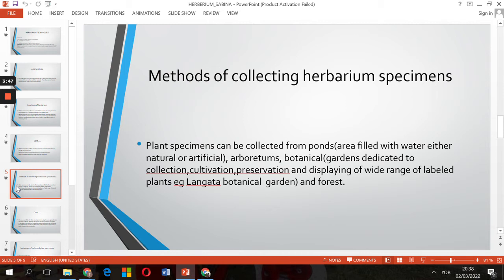Other places include arboretums and botanical gardens, and botanical here means gardens dedicated to collection, cultivation, preservation, and display of a wide range of labeled plants. Langata Botanical Garden is one example here in Nairobi. Also, we can collect some plant specimens in forests.